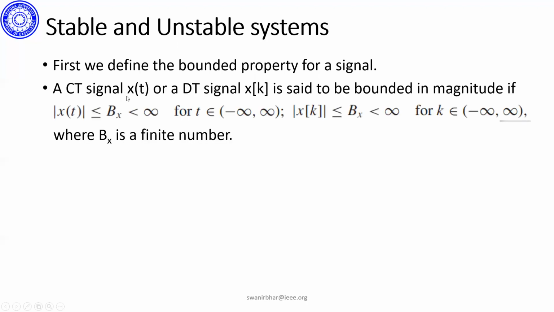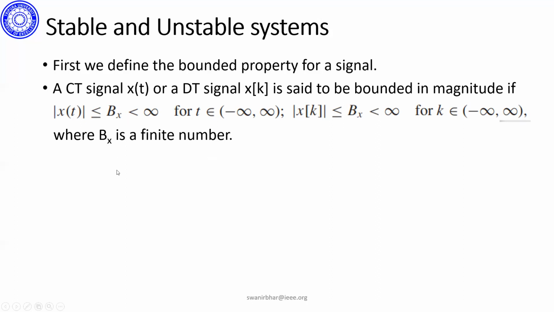So a continuous time signal x(t) or a discrete time signal x[k] is said to be bounded in magnitude if x(t) is having a value Bx which is less than infinity, and for any time from minus infinity to plus infinity, x[k] is lying within that bound. So this |x(t)| or |x[k]| has to be less than or equal to a finite number Bx.